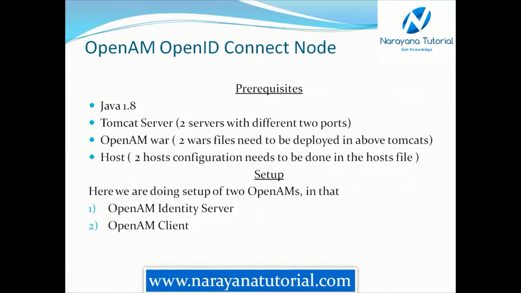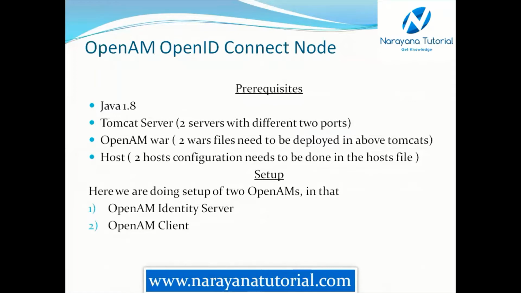Two host entries need to be configured in the host file. I have given the OpenAM default installation and custom installation in the description. Please go through the links to install OpenAM.